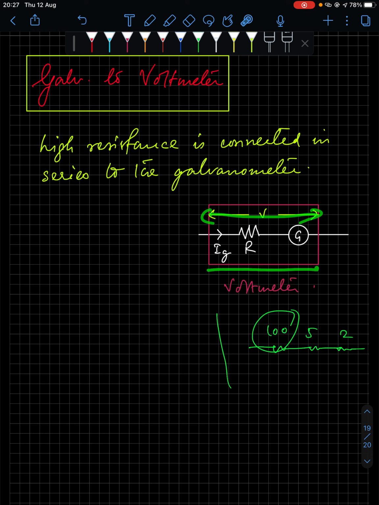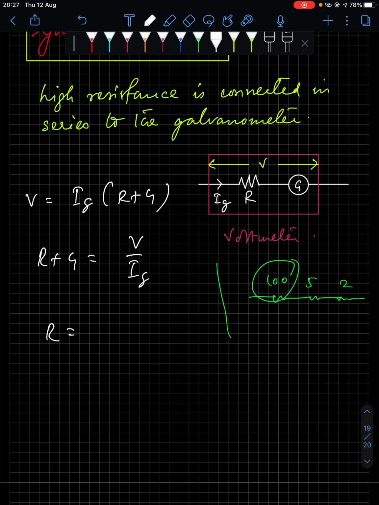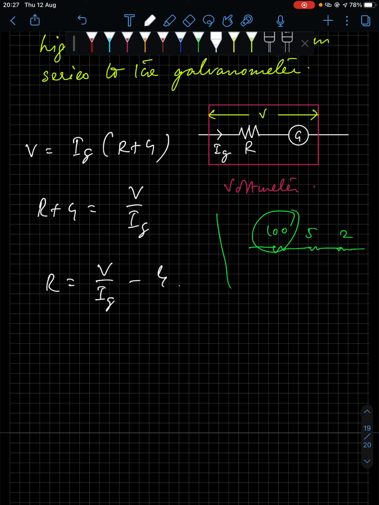Therefore the overall resistance for this voltmeter will be very high. Now the voltage that you want to measure across this setup is V equal to Ig into R plus G, because the two resistances are connected in series. Now you need the value of R here. So R plus G is equal to V by Ig, and R equals V by Ig minus G. So this is your value for the high resistance that you will connect.